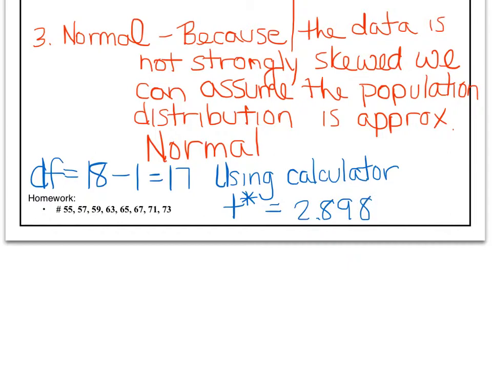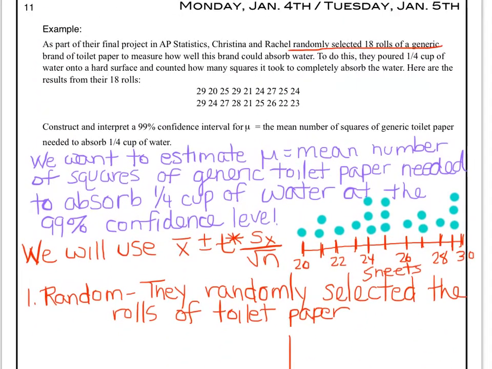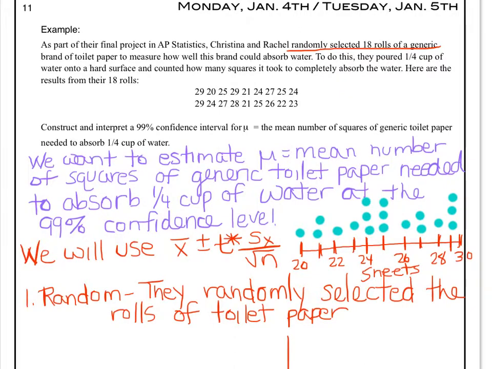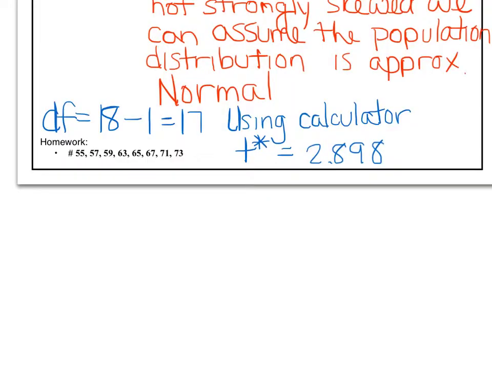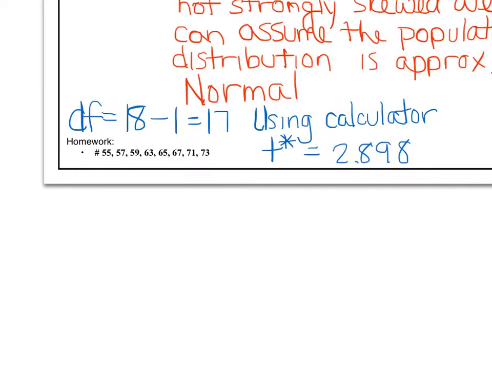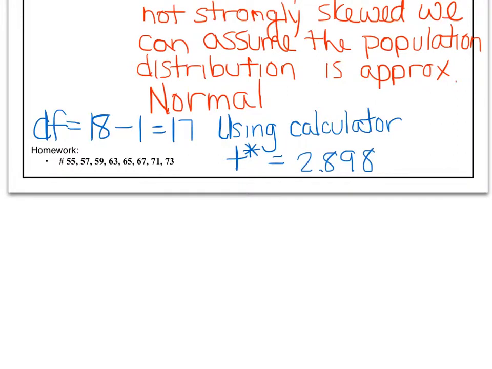Okay, then I have a problem. I need to be able to plug X bar and the standard deviation in, but because they gave me my data here, I don't know them. So I'm going to plug all of this into list 1. And once I have it all plugged into list 1, then I'm going to choose my T interval. And then instead of hitting stats, I'm going to hit data.